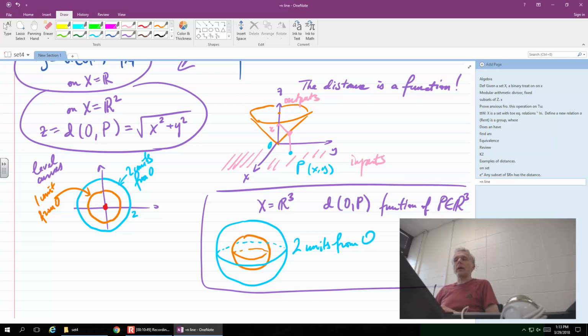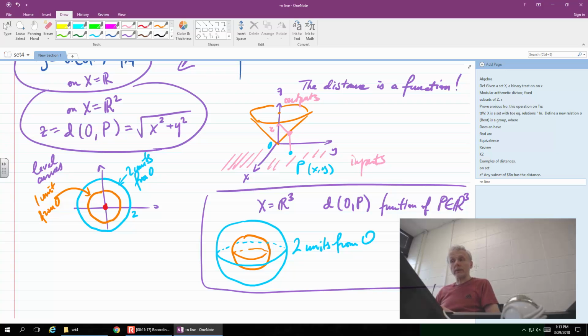It was pretty visual, but still somewhat of a challenge, going from thinking of distances as something we know, measuring distance between points, as we used in calculus, to this abstract point of view where everything is a function.